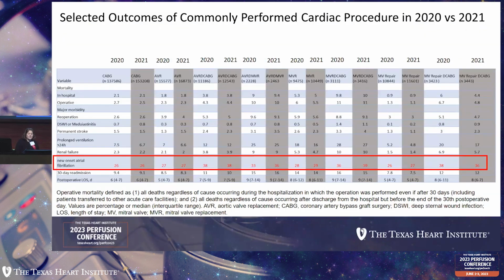Of these selected outcomes, I'm just looking at 2020 to 2021. If you look across the board at operative mortality and new onset atrial fibrillation, it has remained constant from 2020 to 2021. About 30% of all the cases report new onset atrial fibrillation.